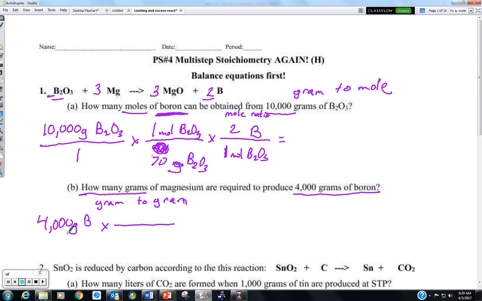I need to go from grams to moles. So there is 11 grams boron for every 1 mole boron. I need my mole ratio. So what is my mole ratio on this one? Yeah, 3 moles of magnesium, sorry.